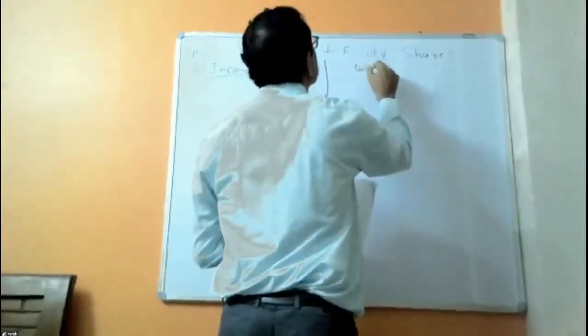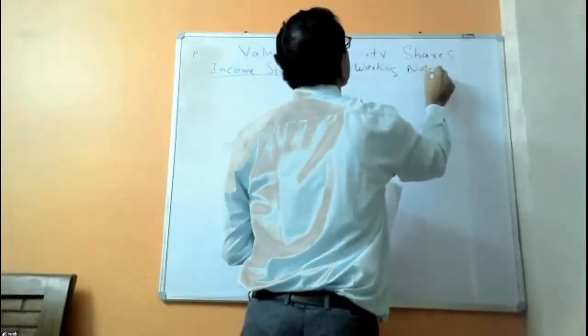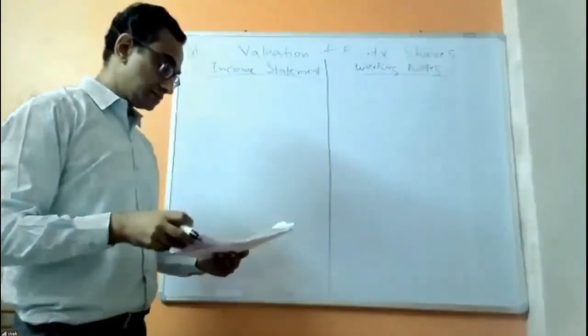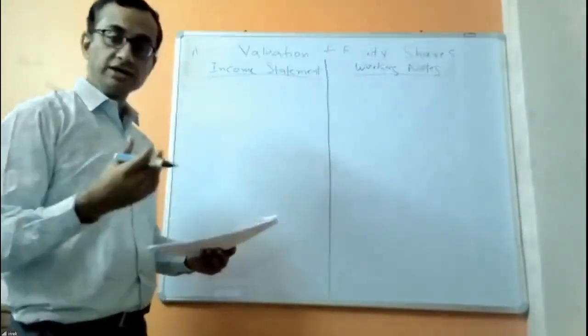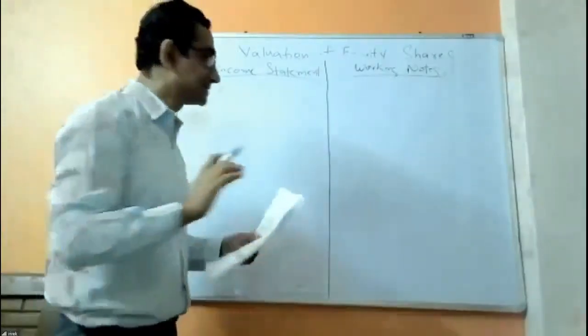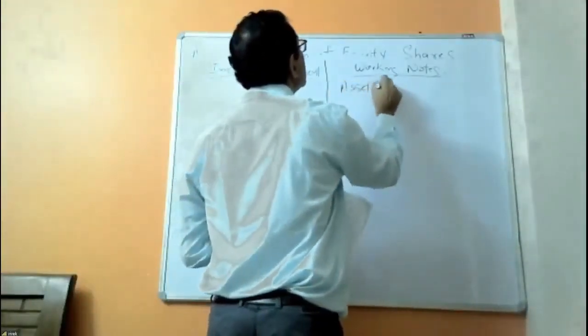You can give working notes. The sales figure is not given, it can be calculated with the help of the asset turnover ratio and the total assets. Asset turnover ratio is given.